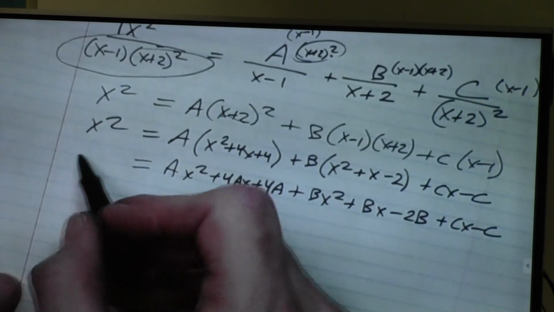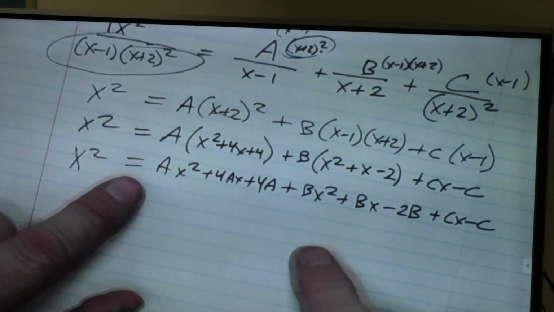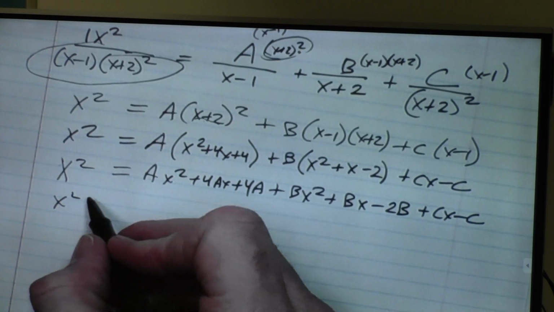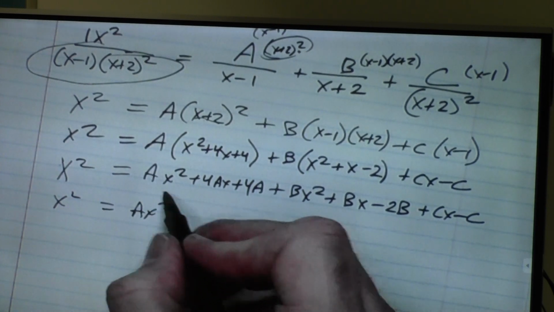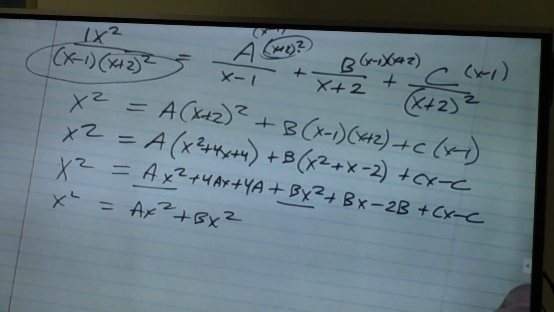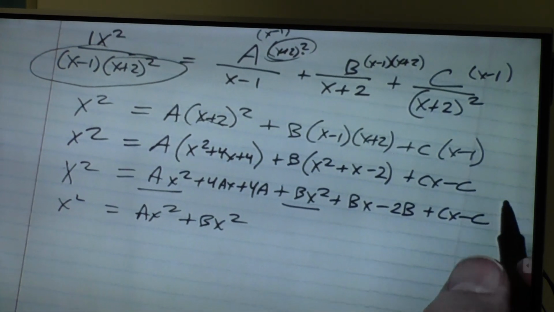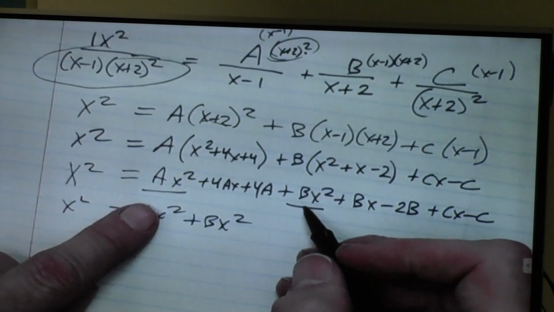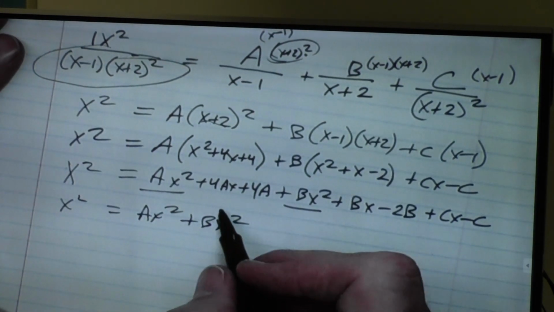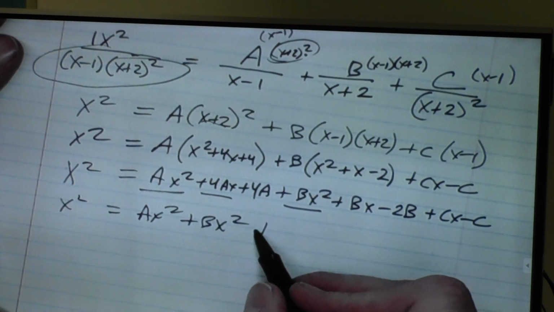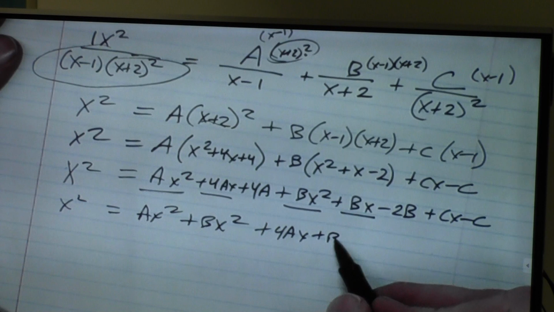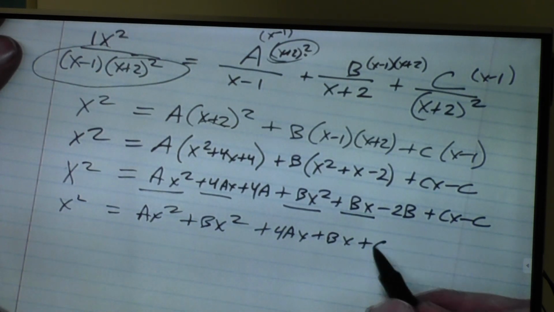So once you get to this point, now we put all the ones with the like terms together. ax squared plus bx squared, and there's no cx squared. Notice I do this little technique so I don't lose one and I don't overuse one too. Next will be the ones with x's, plus 4ax, and here's an x, plus bx, plus cx.